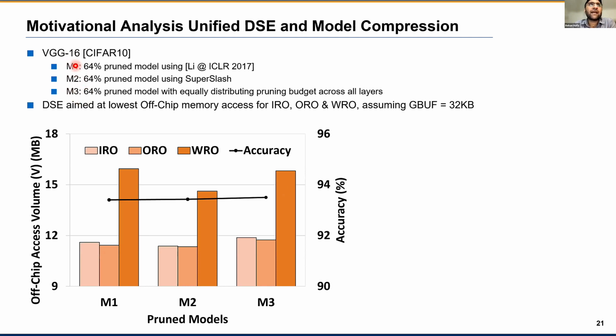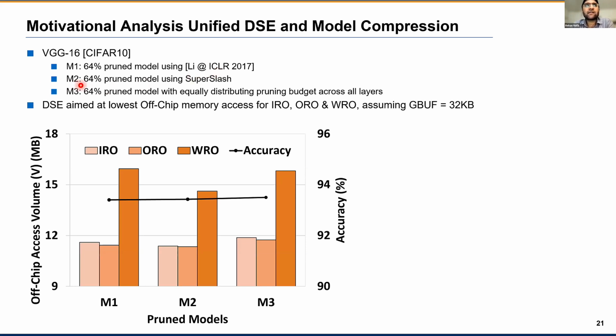So the model M1 is basically a compressed version of the VGG16, which is a 64% pruned model as provided by one of the very famous works, Lee et al., presented in ICLR 2017.